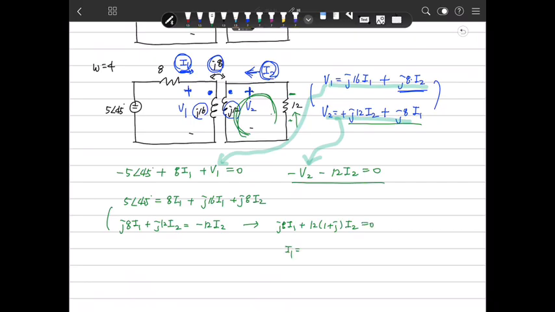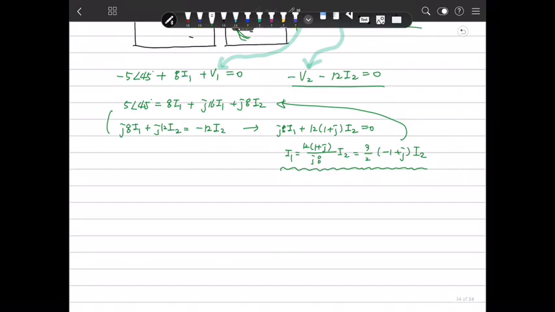Therefore, I1 is J8, 12, 1 plus J(I2). That will be 3/2 minus 1 plus J(I2). Then apply I1 is there.